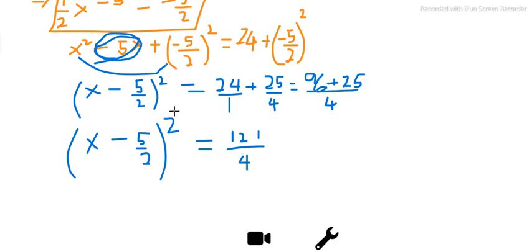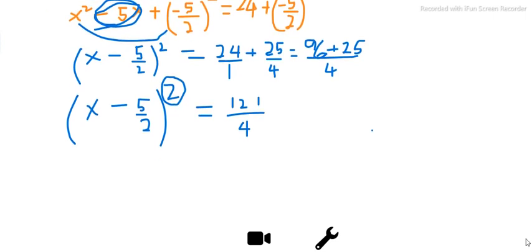So what we now do, to remove this square, is take the square root of both sides. When you take the square root of both sides, this square will no more appear here. So here we only have x minus 5 over 2, while on this side we have the square root of 121 over 4. The square root covers both.